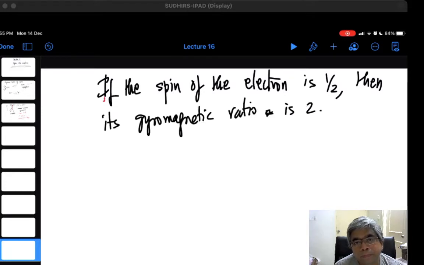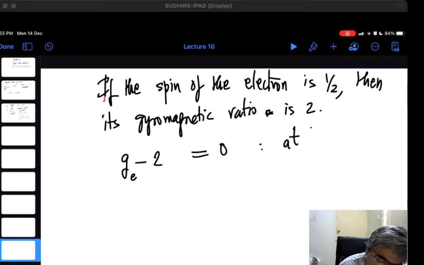Okay, so this is actually covered in classical electrodynamics perhaps, and maybe other places. So if you take the gyromagnetic ratio of the electron and subtract 2, it should go to 0, and this is what happens at tree level.